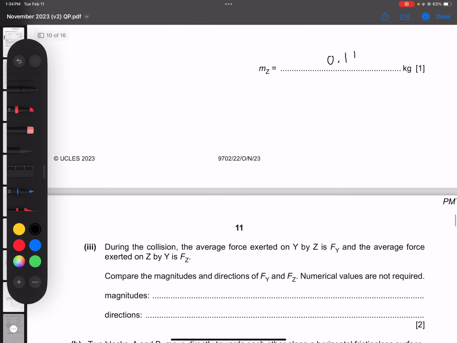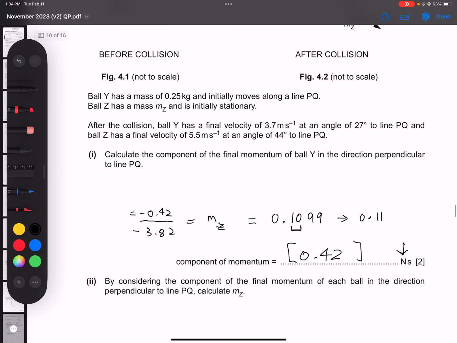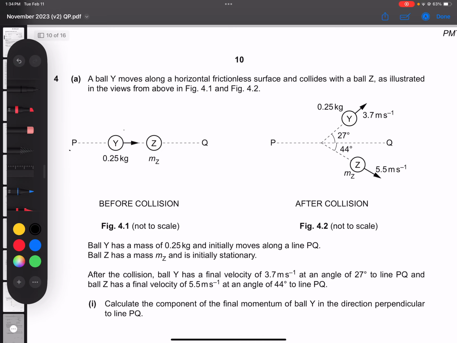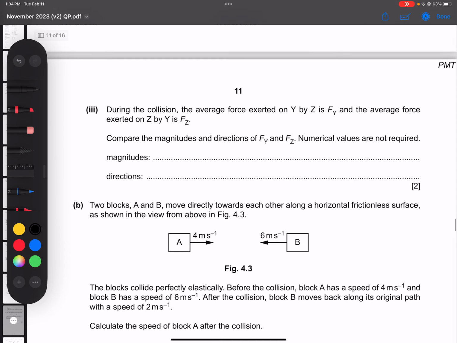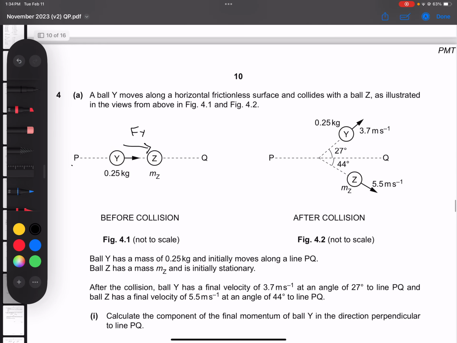So okay, our last question is this: during the collision, the average force exerted on Y by Z is Fy. So Y is exerting a force on Z, that's Fy, and the average force exerted on Z by Y is Fz, right?